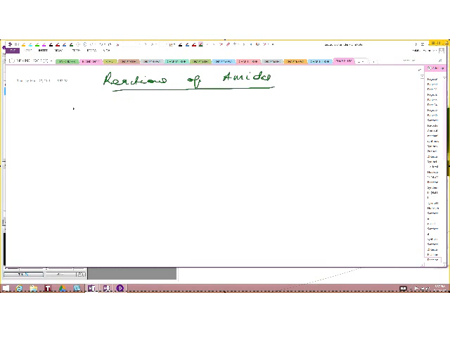Some of this we've done before. If you recall, when we did nitriles, if you take this amide and react it with thionyl chloride, you get a dehydration.